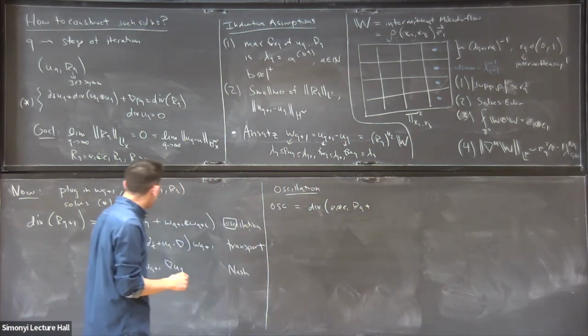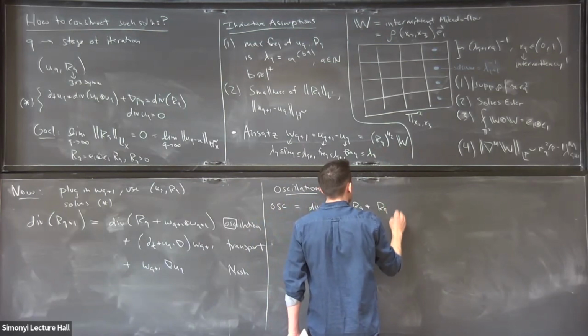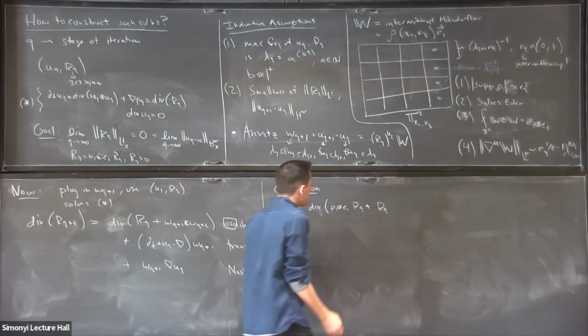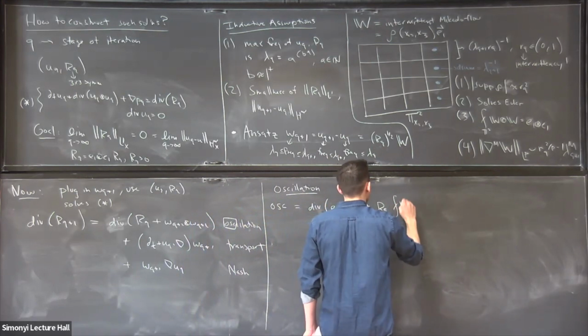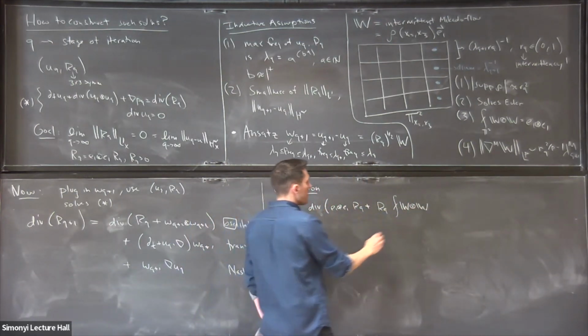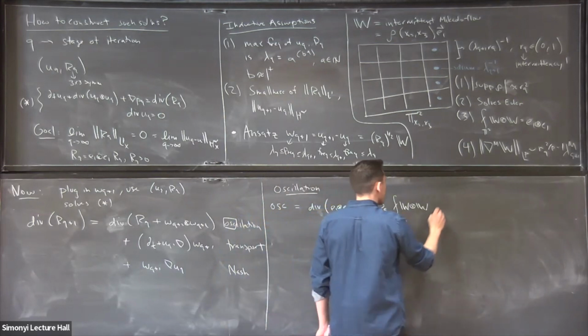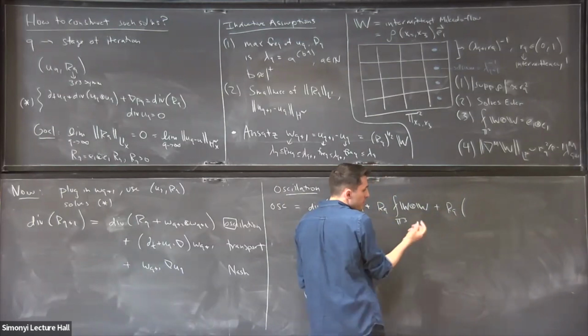And then I have R_q times W tensor W. And I'm going to split up W tensor W into 2 pieces, one is the mean, and the other is the identity minus the mean.